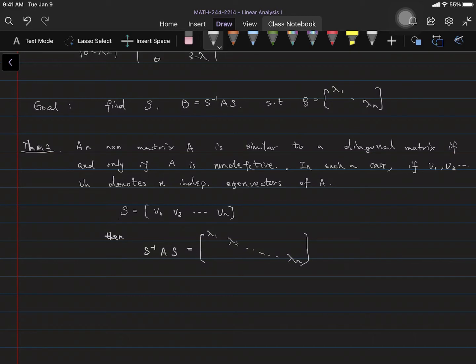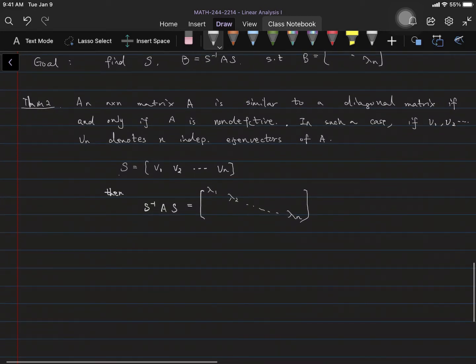Okay, the proof. I can give you an easy form of the proof. Let's just do the 2 by 2, for example. If A is a 2 by 2 matrix and it has 2 eigenvectors, we do A times V equals, and because they are eigenvectors, AV equals AV1, AV2.